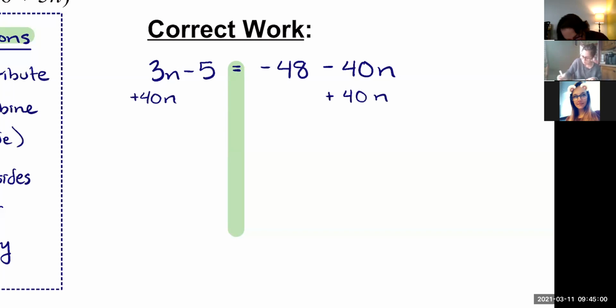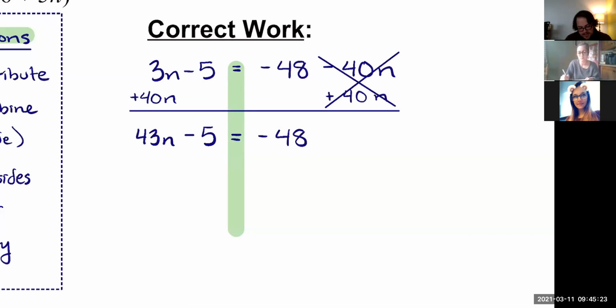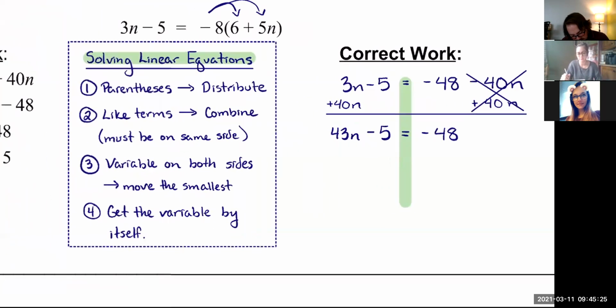And there is a term there that's similar to it that we can actually add it to. So that takes it away from the right-hand side. 3n plus 40n gives me 43n. The -5 drops down. So does the equal sign. So does the -48. So I have 43n minus 5 equals -48.